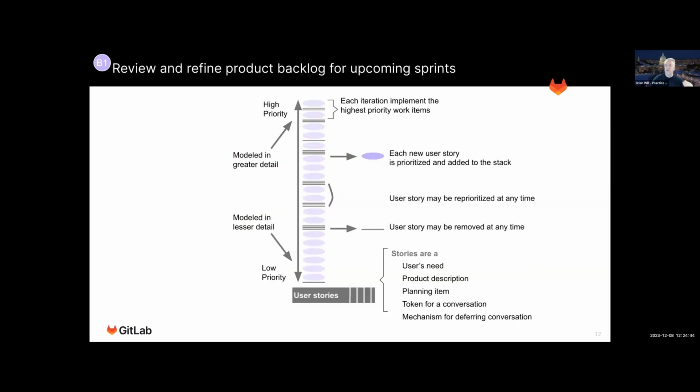Everything ultimately is driven out of the backlog. I mentioned this before. The backlog is nothing else but a big fancy to-do list. It's just a long list of issues. Out of that backlog, you extract specific sprint items.